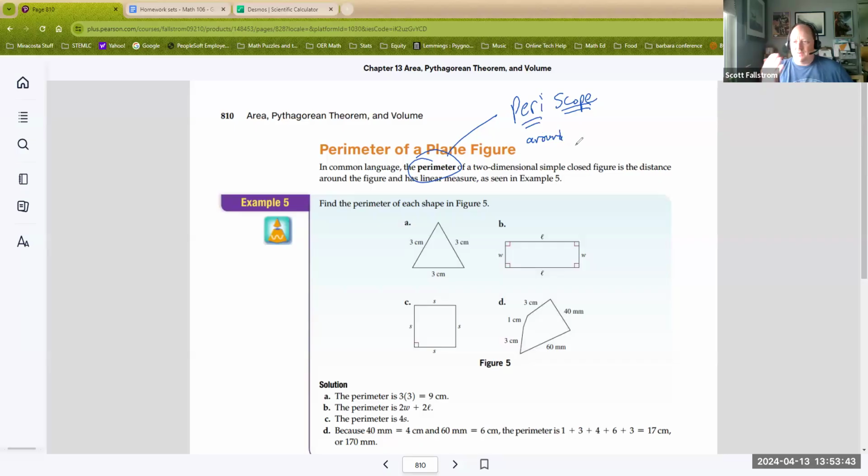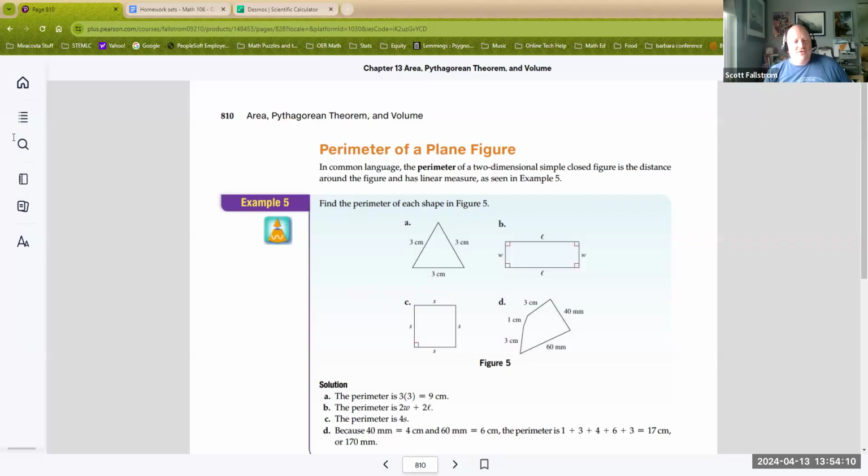So the prefix peri is for around, and the definition of meter is to measure. So when you say perimeter, we would be measuring around. You are measuring around the shape. Don't measure the middle chunk. That will be area. We will do that later. So that's it. That's perimeter.